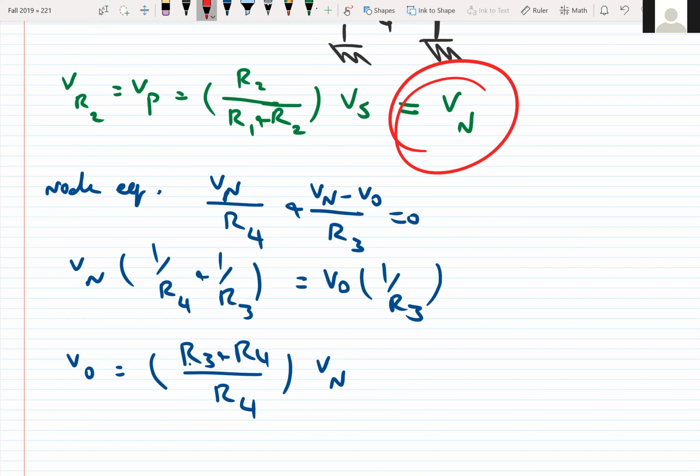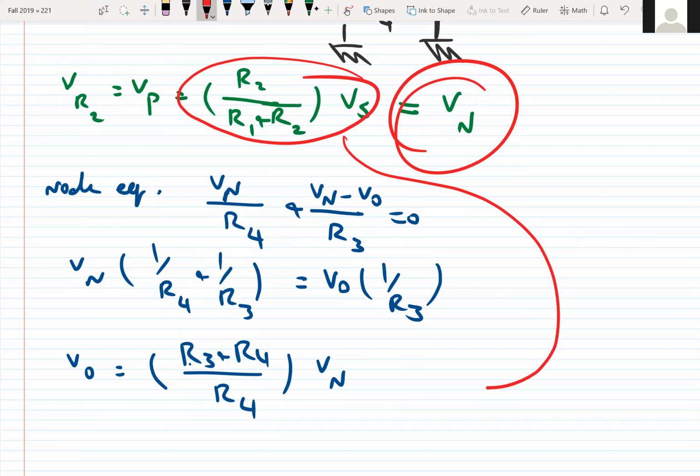Instead of Vn, we bring the Vn from our previous equation to this equation and substitute it.